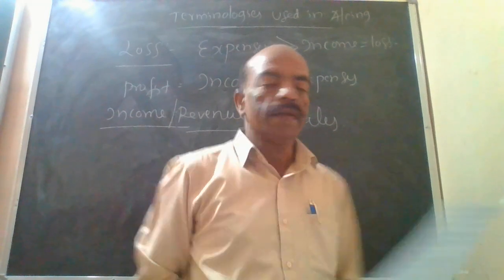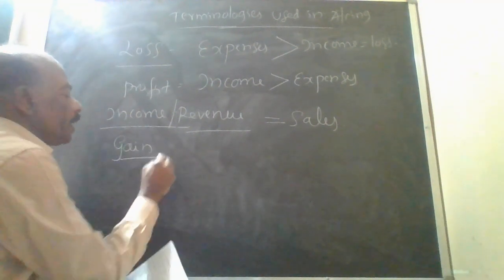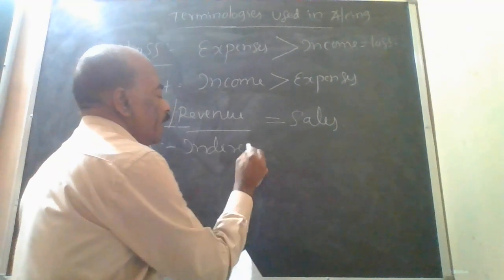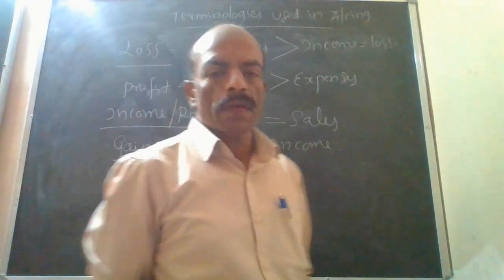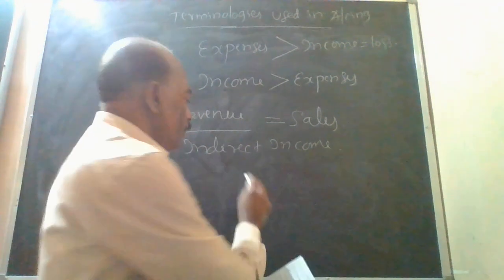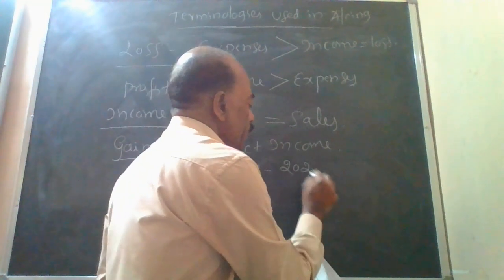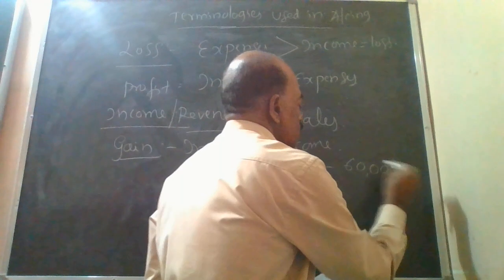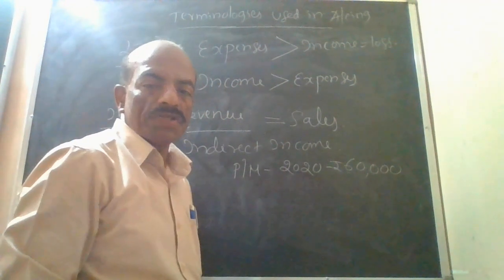Next is the gain. Gain means indirect income. So for example, ours is an XYZ company. We purchased the plant and machinery in 2020 for rupees 60,000.